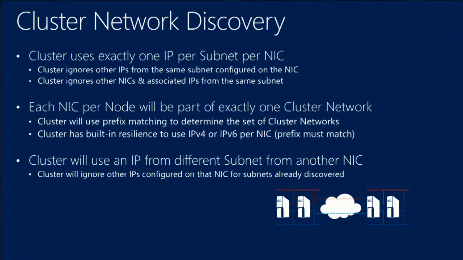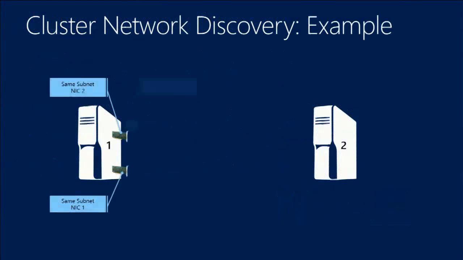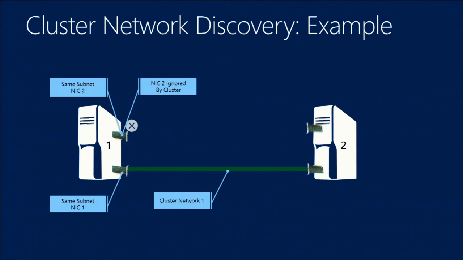So you can't have more than one cluster network using only one physical NIC. So that's just an example where I have those two NICs and cluster only uses one of the NIC cards and it forms one cluster network.